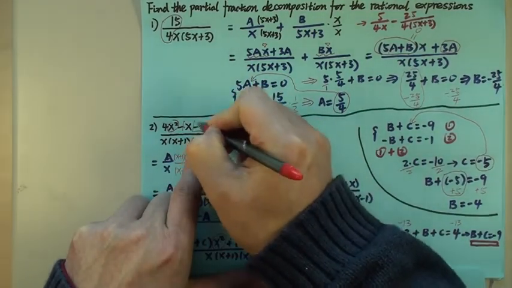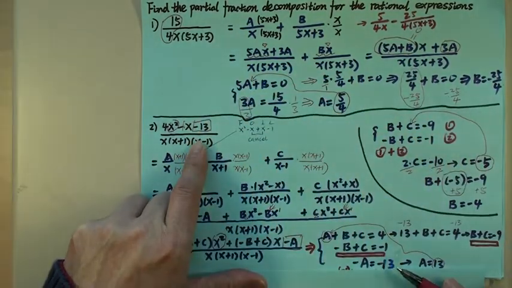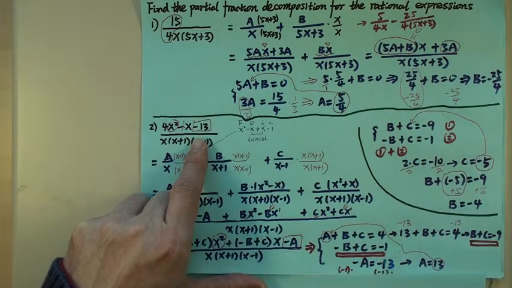So negative a is negative 13. Both sides multiplied by negative 1, so you get positive a. Negative 1 times negative 13 is 13. So a is actually 13. Now we are glad a turns out to be 13.